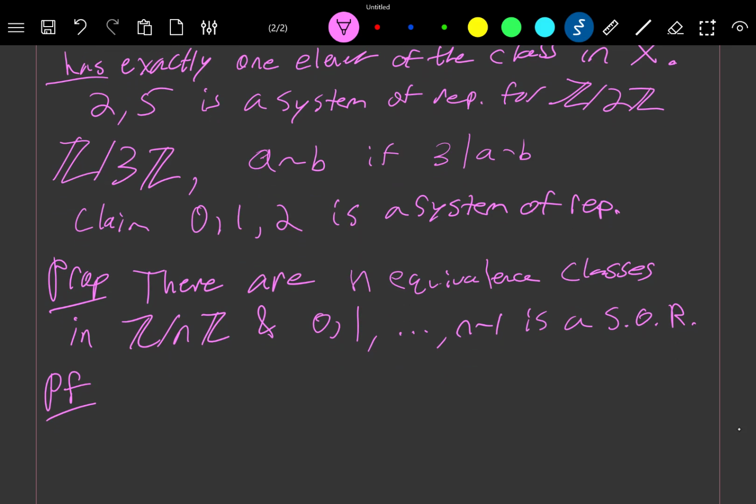So let's do this. First, let's note that for 0, 1 to n minus 1, none are equivalent to one another.